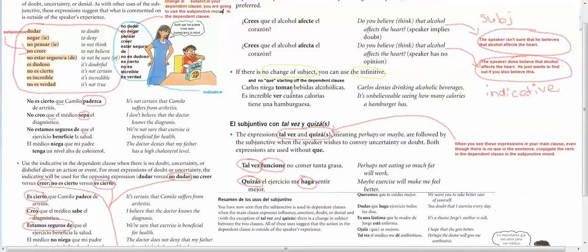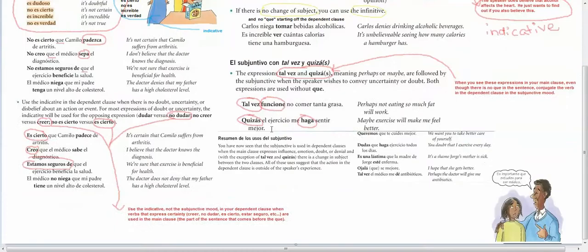So you've got Carlos niega tomar bebidas alcohólicas. Es increíble ver cuántas calorías tiene una hamburguesa. So Carlos denies drinking alcoholic beverages. It's unbelievable seeing how many calories a hamburger has.